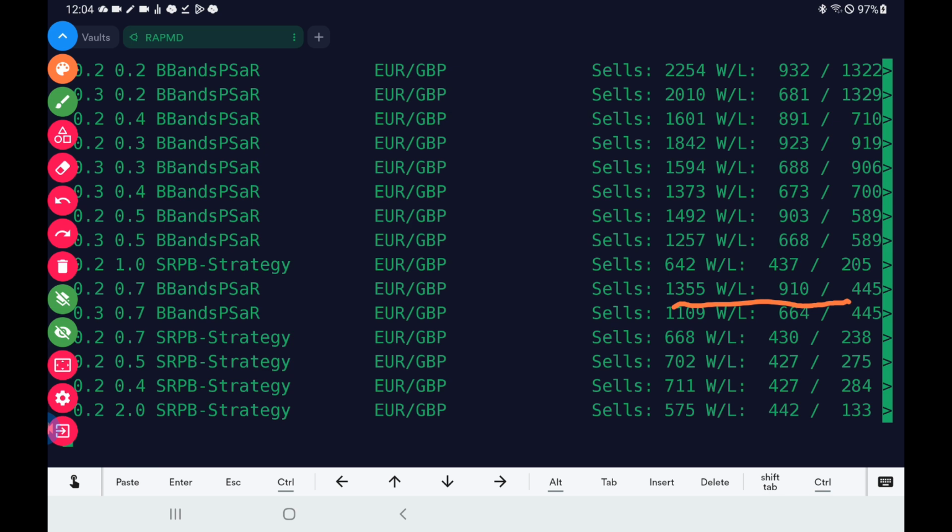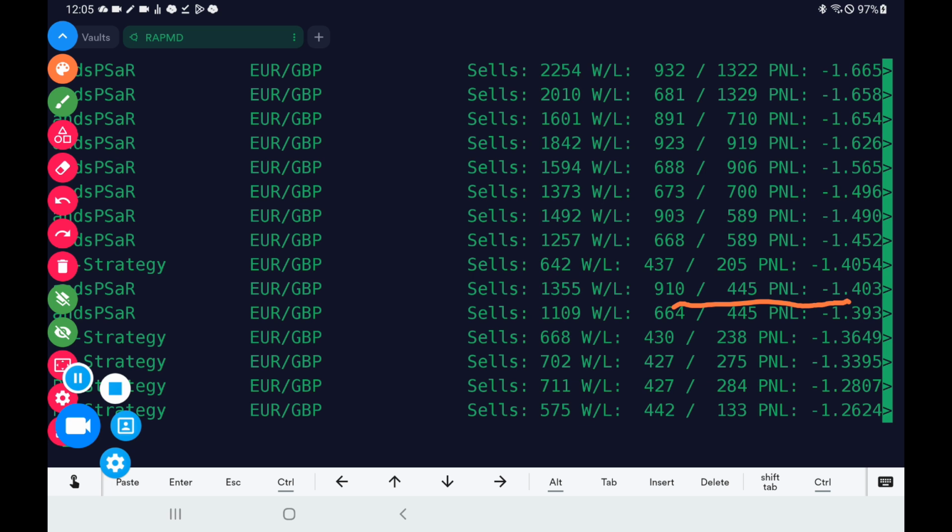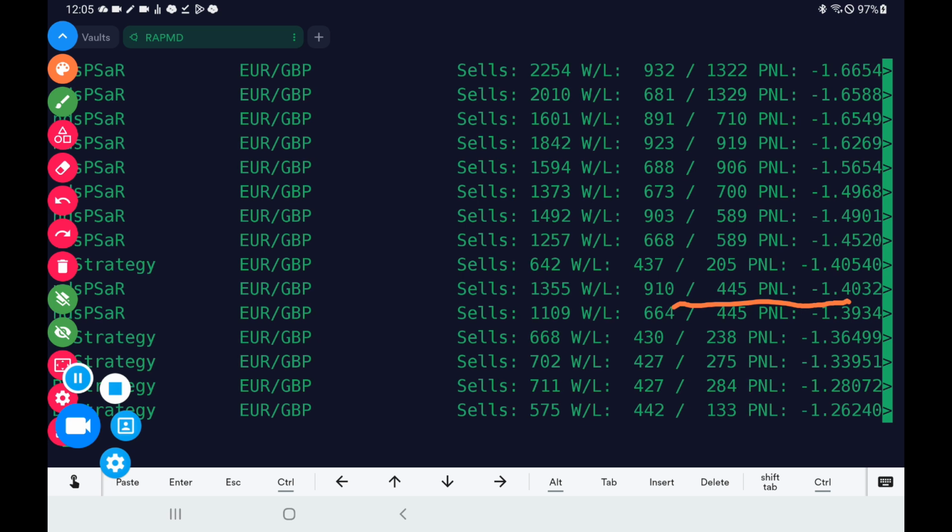Every single asset on the market is different. This isn't about one system working across the board. Every single asset you use must be tested. It must be analyzed. You have to make sure your trading strategy works with the asset.